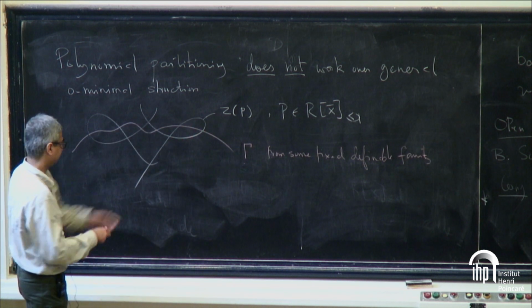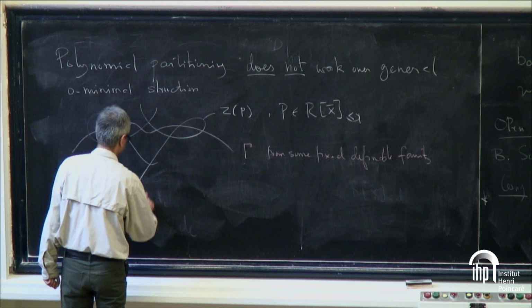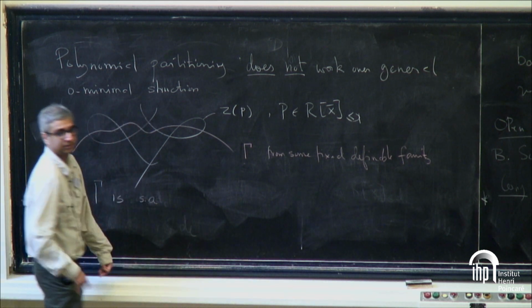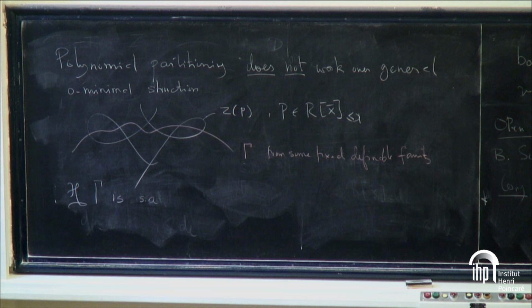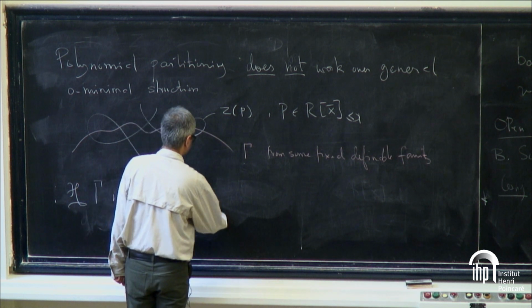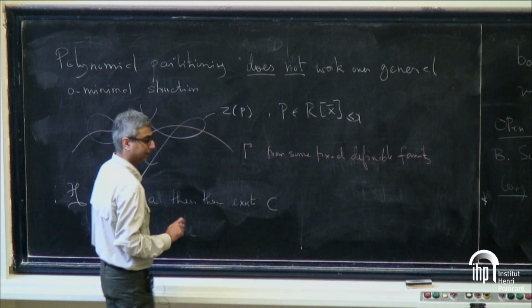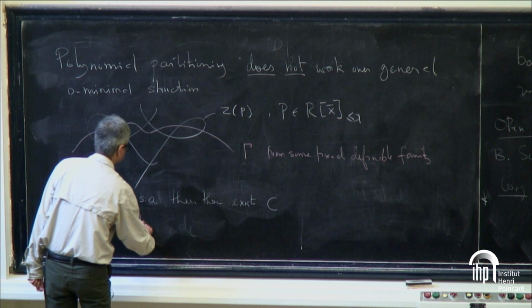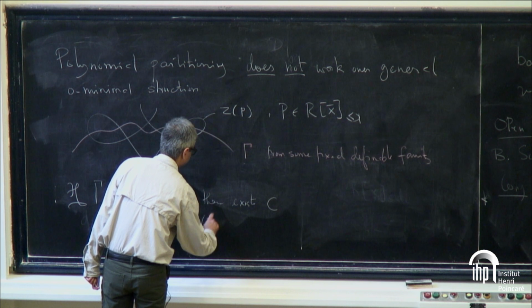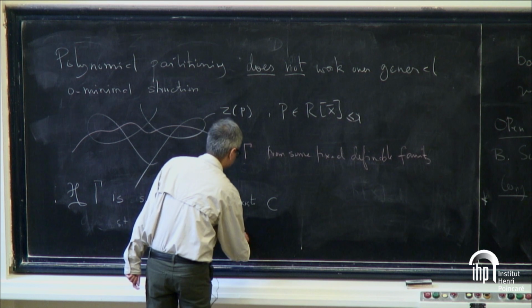If this curve is algebraic or semi-algebraic, so if your O-minimal structure was just the structure of semi-algebraic sets, then there exists a constant, which will depend on the definable family, such that the number of points of intersection of this curve with the variety defined by a polynomial of degree d will be bounded by c times d.